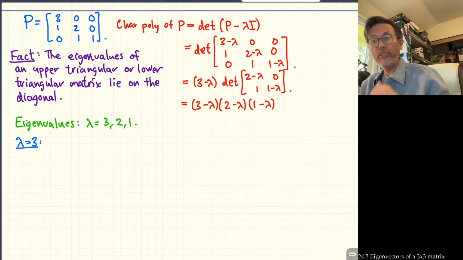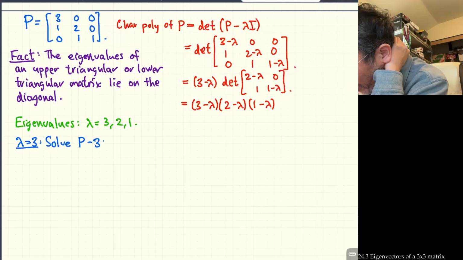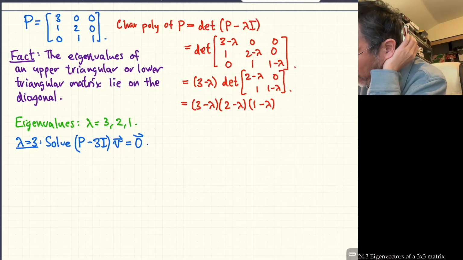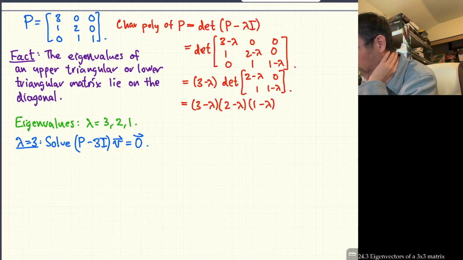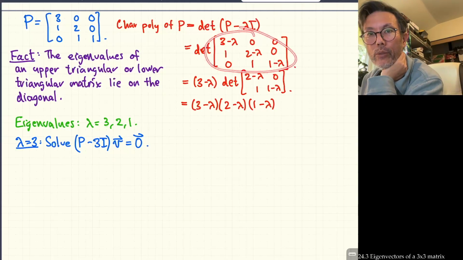So what I'm going to do is solve the equation P minus 3 times the identity times v equals 0. What is P minus 3 times the identity? Well, I can just look here and plug in lambda equal to 3.